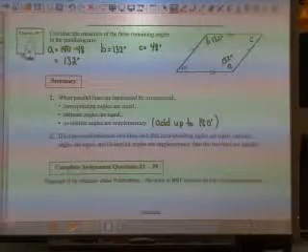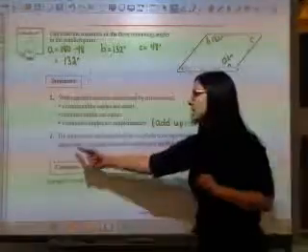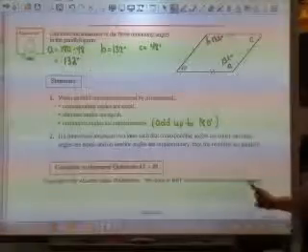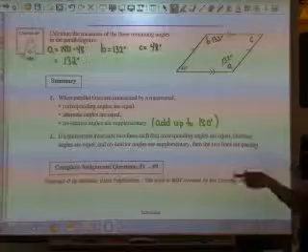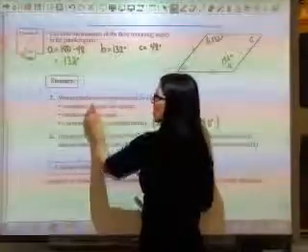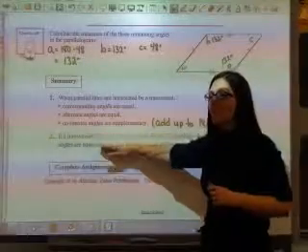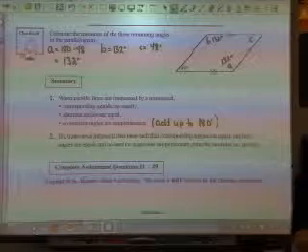If a transversal intersects 2 lines such that the corresponding angles or the alternate interior angles are equal or the co-interior angles are supplementary, then the 2 lines are parallel. So I can use either one. I can use that the lines are parallel to find the angles, or given the angle measurements, I can then state that the 2 lines are parallel.